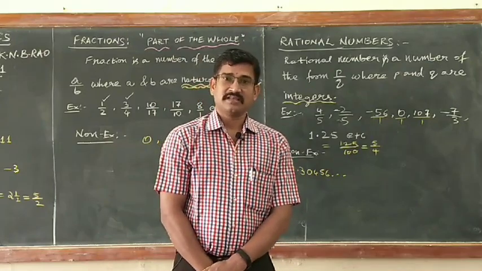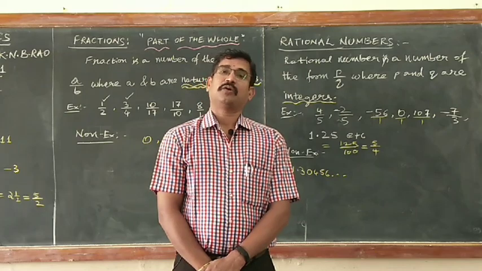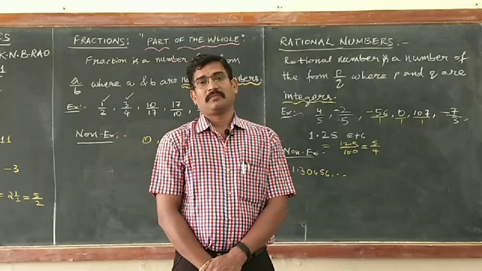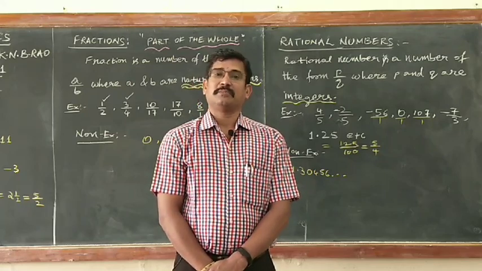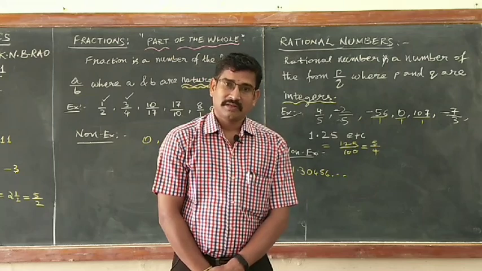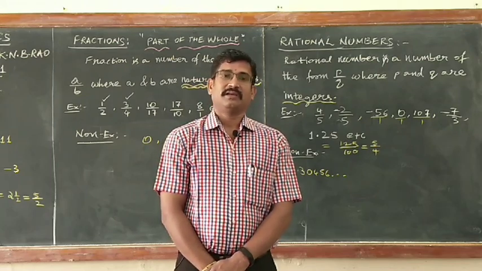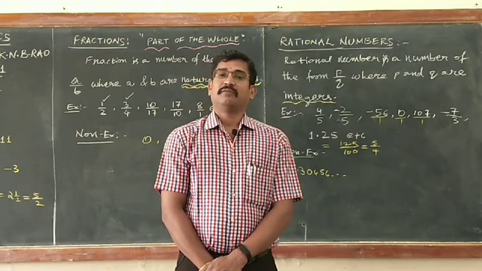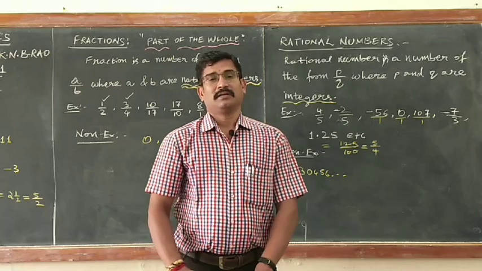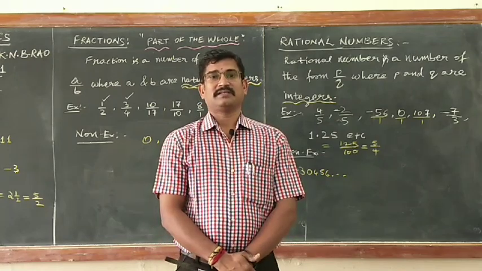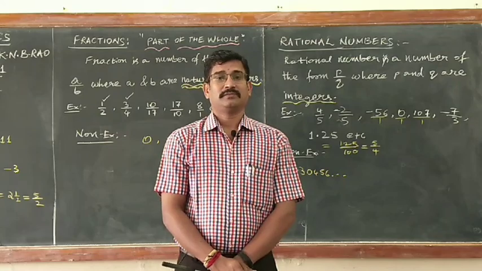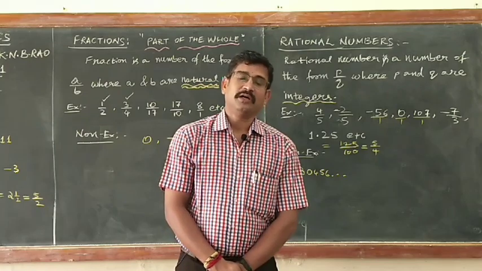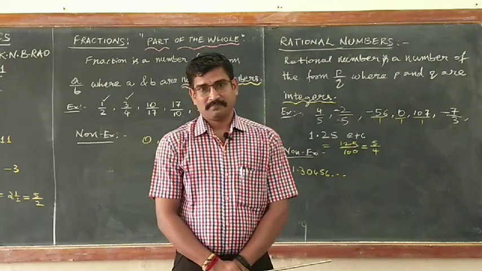You write down all these things in your notebook, and tomorrow, which means in the next session, we will be learning how these rational numbers can be subdivided into various types of numbers, and we will be comparing all the numbers with the help of rational numbers as a tree diagram, as a Venn diagram in our next session, and later we will go for properties of rational numbers. Thank you, children.